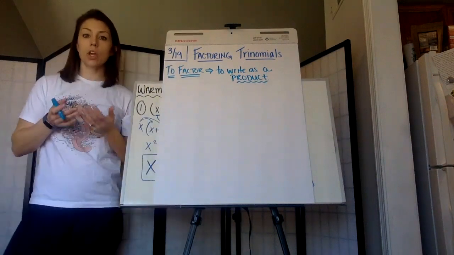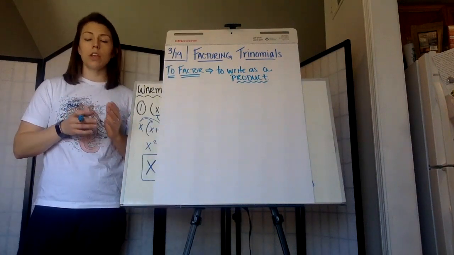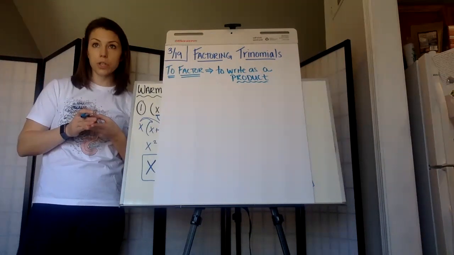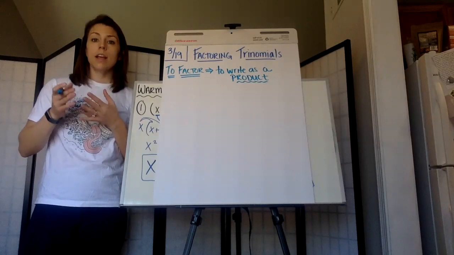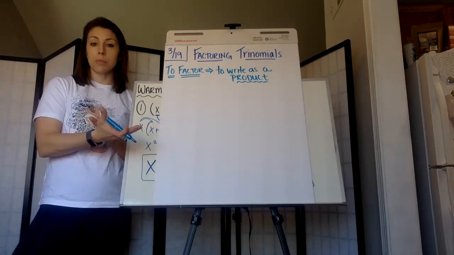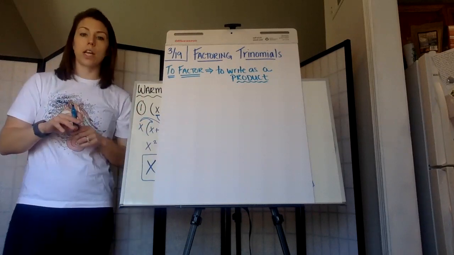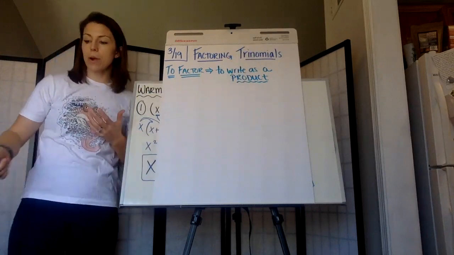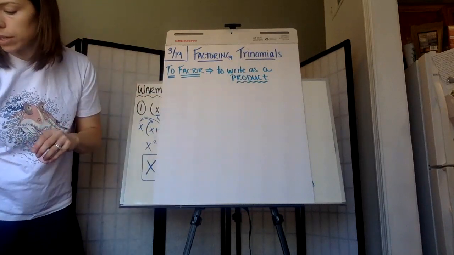So if I said, quick, factor 12, you could potentially say 3 times 4, you could say 6 times 2, you could say 12 times 1. That's called factoring a number. Take the number, write it as a product. When we're factoring, we're going to be factoring trinomials, which, as you remember, is a 3-termed expression.